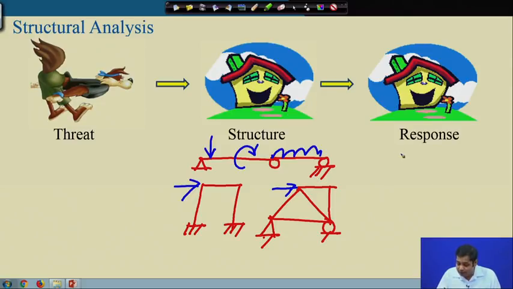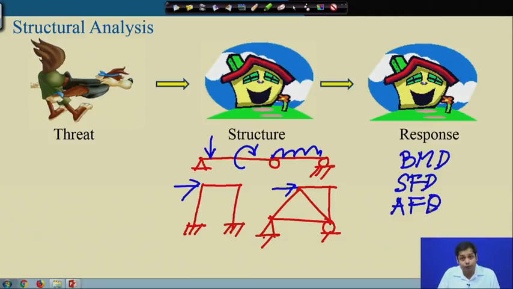Okay, and these are some structures, and what response have we studied so far? We have seen how to calculate the bending moment diagram. If it is a beam, the bending moment diagram gives the bending moment at any particular section, and from the shear force diagram, the shear force at any section. Then we also have seen how to find the axial force diagram, the internal axial forces in the member at any section.